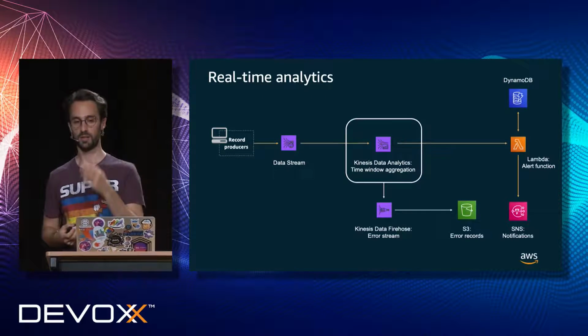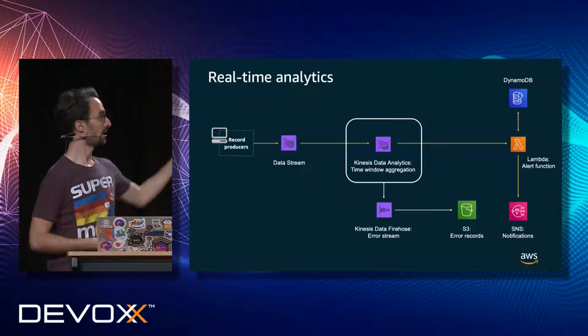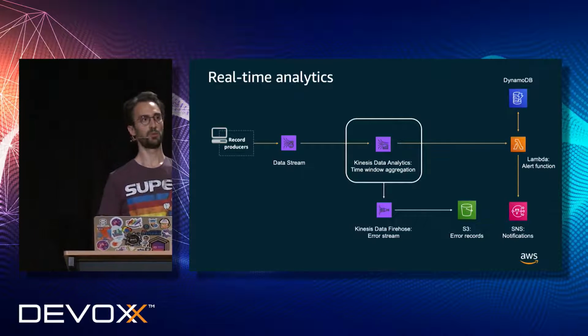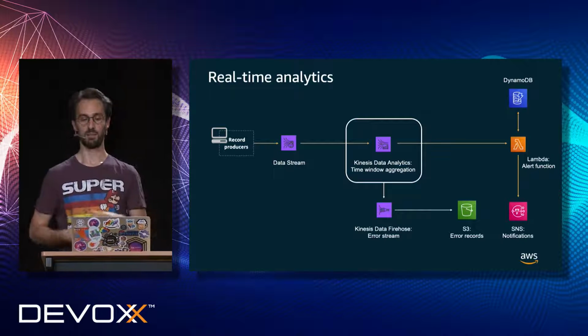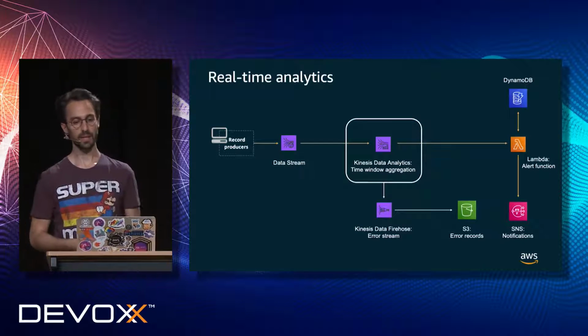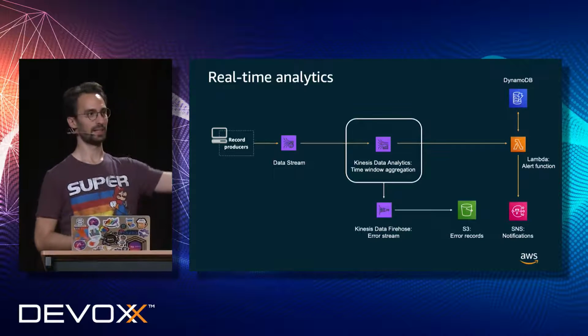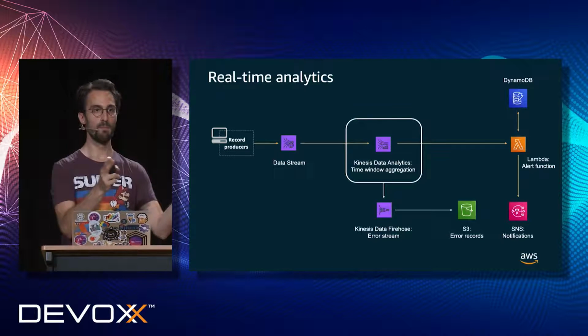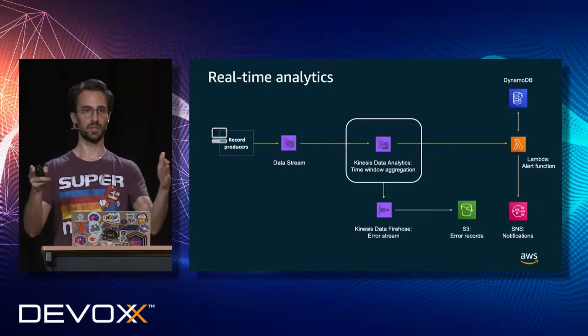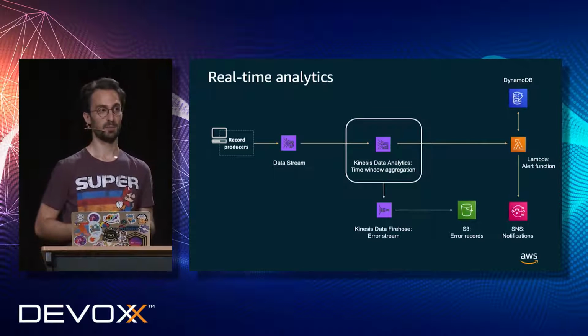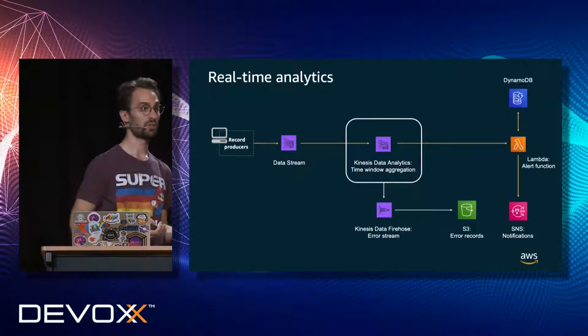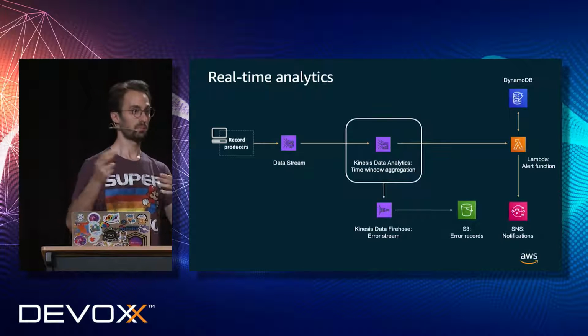So let's imagine here that, I don't know, we have some IoT devices on the left, and they're pushing data like temperature every 10 seconds, thousands of them. And we have this Kinesis Data Analytics application that's running moving window or tumbling window SQL queries on top of this data. And based on the result, maybe you're computing averages or computing the max, min, whatever.